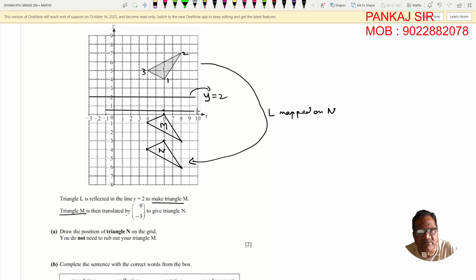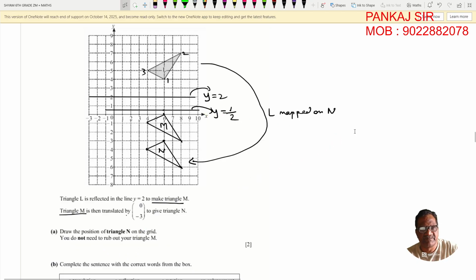The equation of this mirror line can write as y equal to, now this is how much? This is 0 and this between 0 and 1, right? So y equal to half, right? So this is your mirror line.